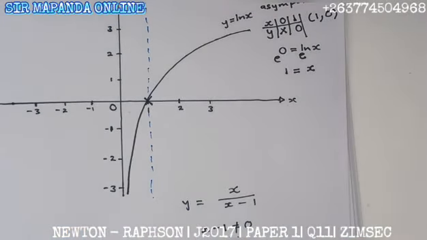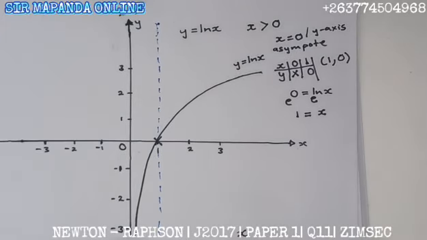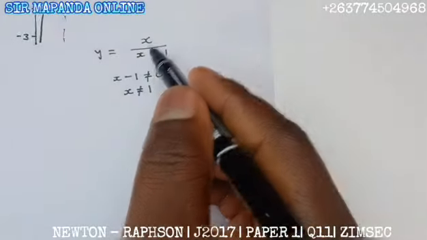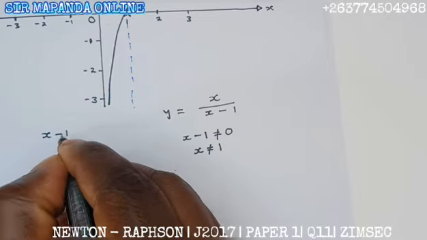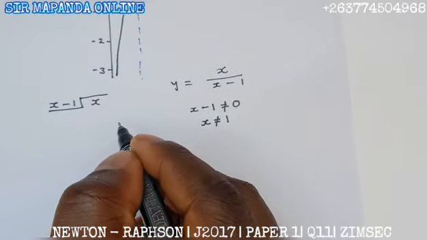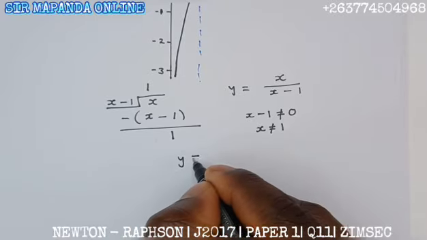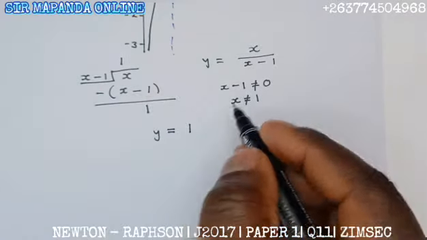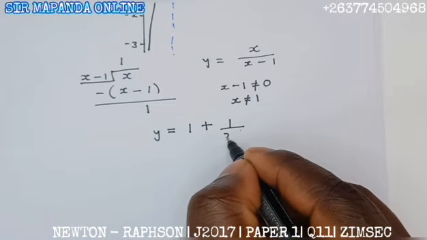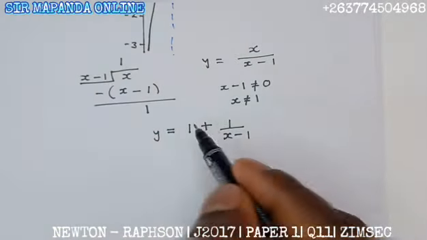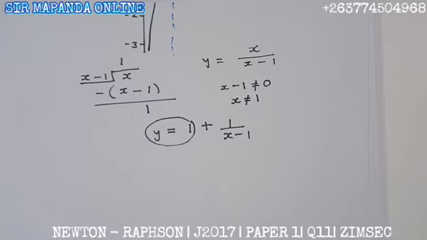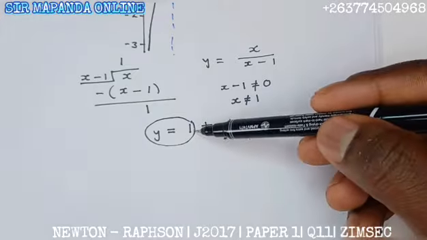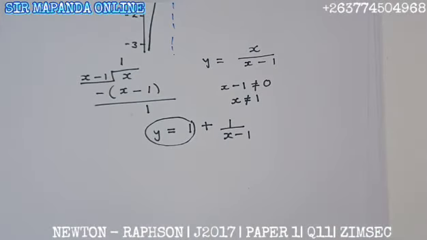This is an asymptote. Right, then the second asymptote line is going to be obtained if you carry out long division on this graph. You are saying x minus 1 into x. So you are saying y is equal to 1 plus 1 over x minus 1. So y is equal to 1 is another asymptote line. I hope you are following. So after carrying out the long division, the number that you have here is an asymptote.